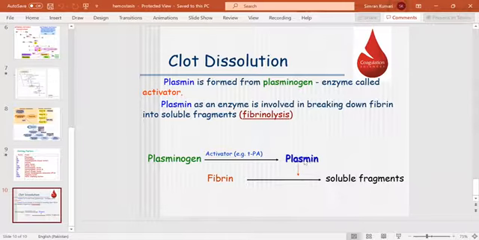Now this plasmin is responsible for the conversion or for the breakdown of fibrin into soluble fragments. ठीक है. This process is also known as fibrinolysis, or it is known as the clot dissolution.